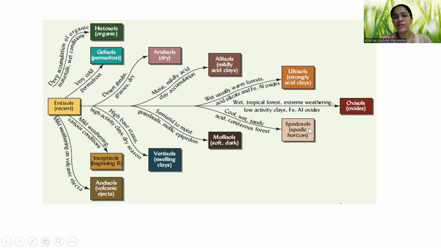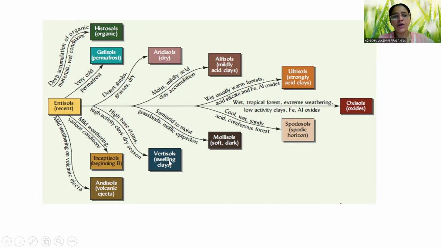These are formed in cold, wet, and sandy areas with acidic, coniferous forest vegetation. Next is the mollisols. Mollisols are soft, dark colored soils having high base saturation, with the mollic epipedon. These are present in semi-arid to moist areas of grasslands.